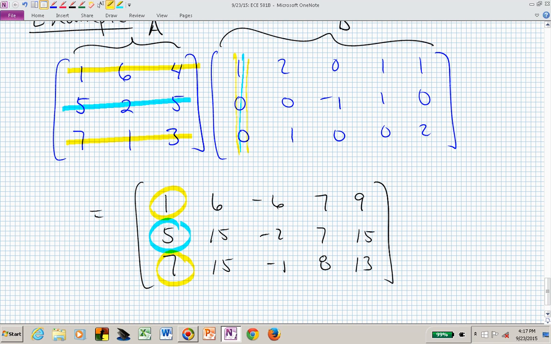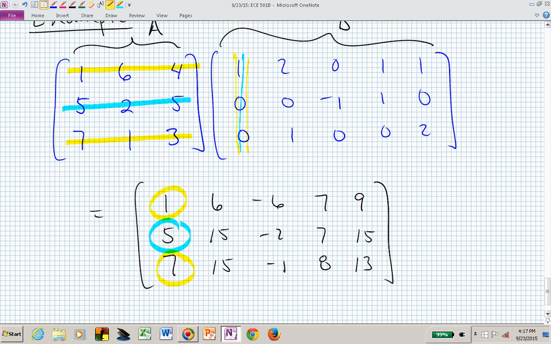Meaning the 1, 0, 0: the 1 is going to weight the first column, the 0 is weighting the second column, and the 0 in the third row is weighting the third column. Which means that that very first column, when I multiply it out, is really just going to copy over the first column in A. Is it 1, 5, 7?